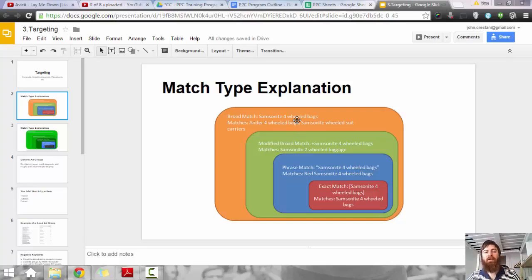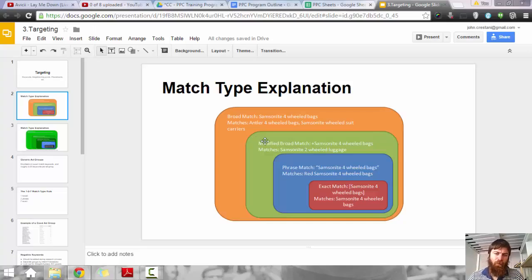It wouldn't matter, because broad match is extremely broad. As you see, Antler 4-wheeled bags can match Samsonite wheeled suit carriers. There's all sorts of things, and it's a little crazy, and I don't recommend you use broad match on search.